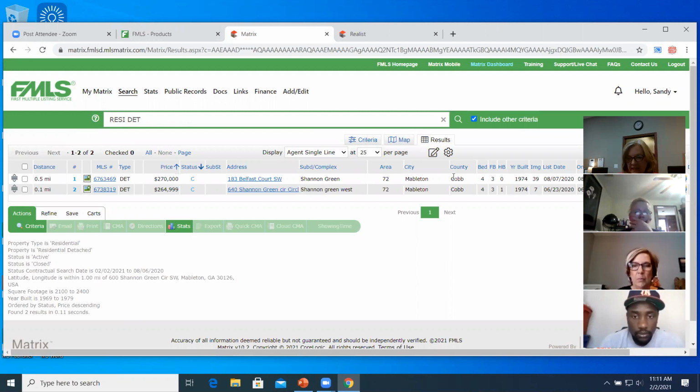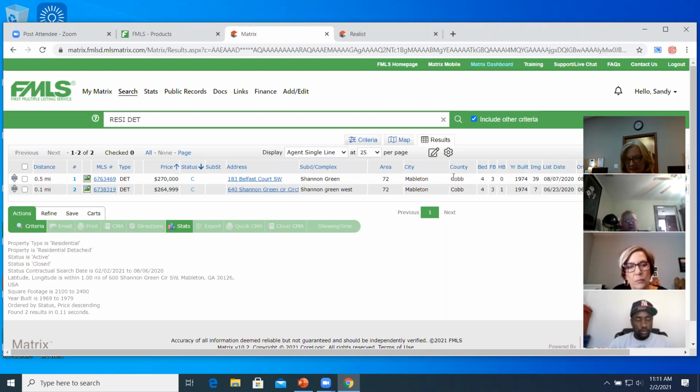If you look at the status, it says closed, and they're in Shannon Green, which is of course the neighborhood this property's in. You notice I didn't put that neighborhood in, right? I just put 1 mile around that property. So we've got 2 properties, and one sold for $264,900 and the other sold for $270,000.